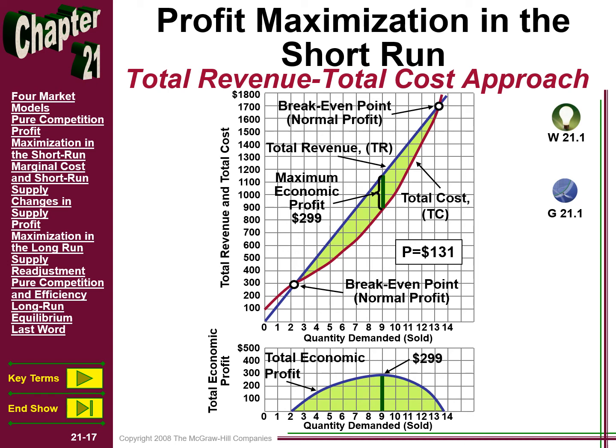However, economists employ and prefer the marginal revenue, marginal cost approach. It has much more application. So even though this total revenue, total cost approach to determining profit in the short run works, economists are much more interested and see much more value in the marginal revenue, marginal cost approach to determining short run production decisions for the firm.